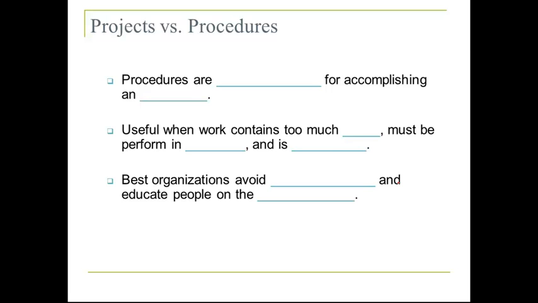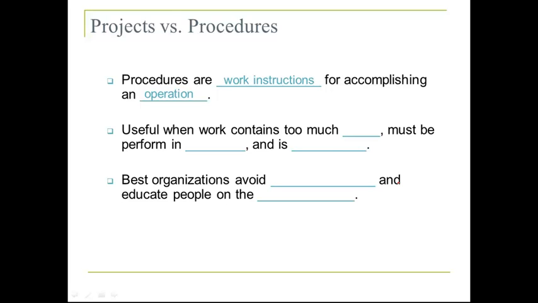For, I don't know, you name it, they will have a list or a procedure to perform a specific task or operation. So procedures are work instructions for accomplishing an operation. And you'll see that they are very detailed. They have step-by-step what you need to do in order to accomplish the operation.